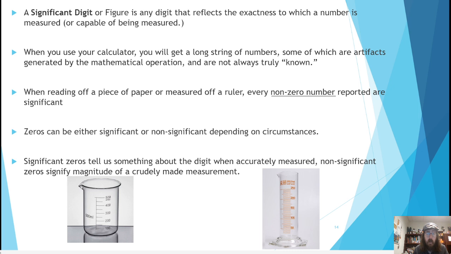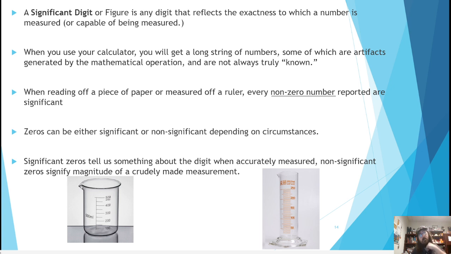So if I had tried to measure out 200 mils in both of these pieces of glassware, because this only measures every 50 mils, the beaker on the left, I would know it is 200 and it's accurate to the hundreds place, it's accurate to the tens place, but it's inaccurate to the ones place.